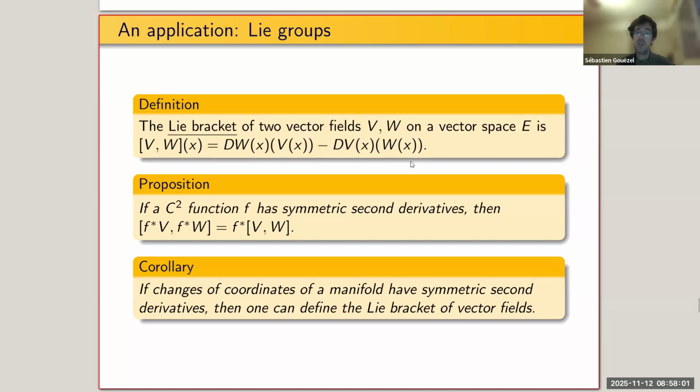If you have two vector fields V and W on a real vector space E, in fact, it doesn't have to be real, on some vector space over some field, you can define a Lie bracket as the derivative of W, which will be a linear function from E to E. So you can feed it the vector V of X and get a new vector. So you can look at dW of X applied to V of X, minus dV of X applied to W of X. That gives you a new vector.